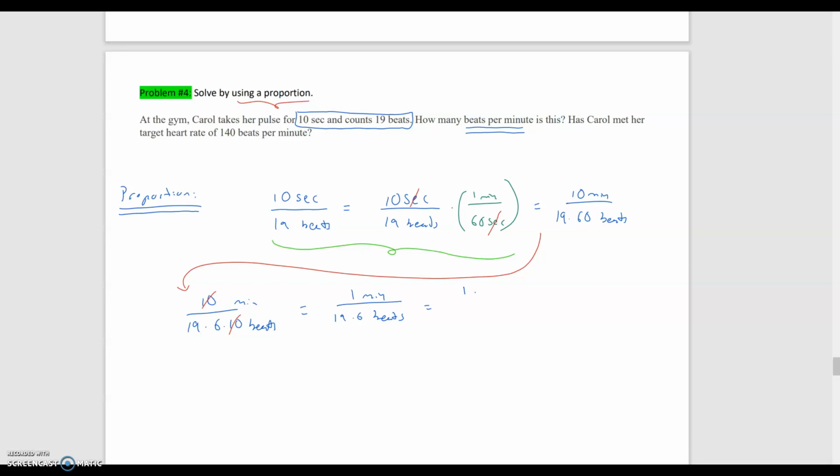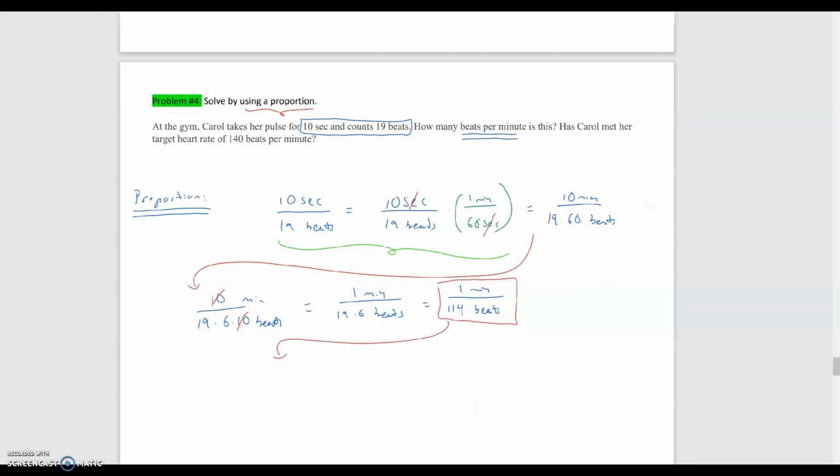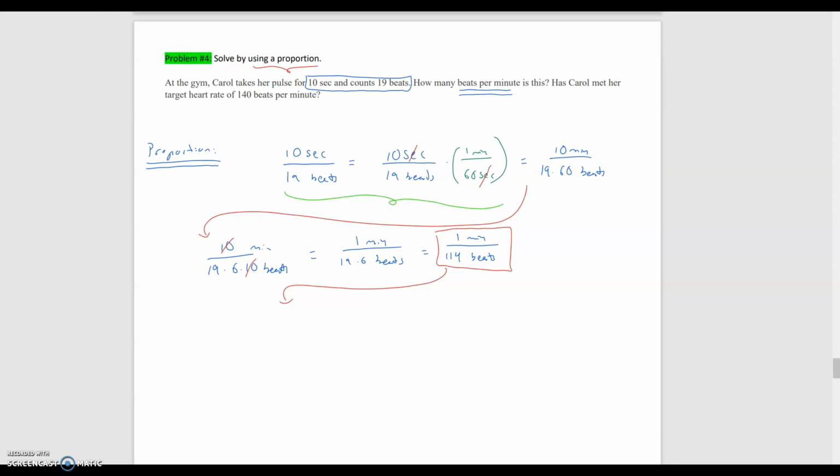So in 1 minute, we're getting 114 beats. Now, this is technically our answer, but we just have to rewrite it in the proper way that they're asking. So as a final answer you would have 114 beats per 1 minute.